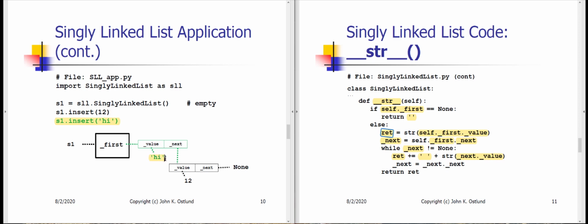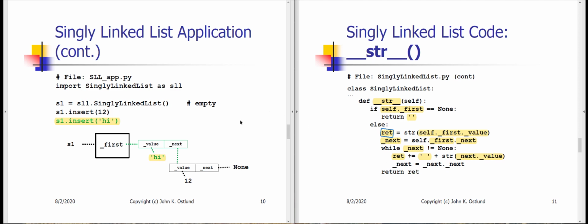So we've got "hi 12". Next is reset here. Next is modified to next.next. Well, next.next is None. We have reached the end of our list. This test at the top of the while loop fails. Hence, we drop past the while loop and we find ourselves at return of ret, and that's going to return this string of 5 characters, "hi 12".